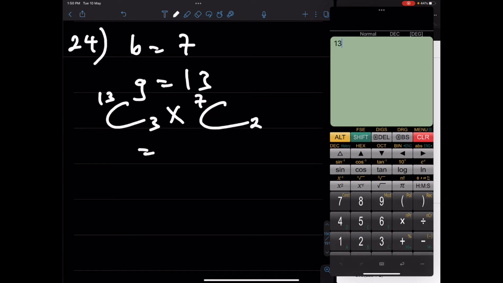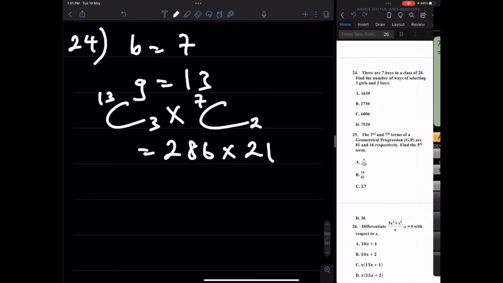Let's check that. 13 combination 3, 286 times 7 combination 2, which is the number of ways of selecting 2 boys from 7 boys.